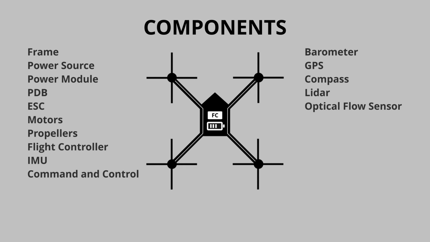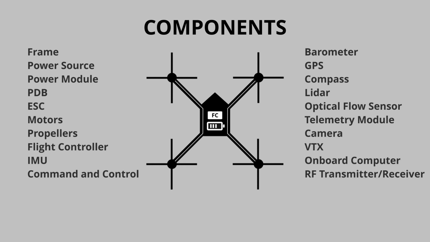Optical flow sensor to monitor the ground movements in relationship to the drone. A telemetry module to monitor and send drone data to the command and control system. Camera, video transmission module that sends the video from the camera. An onboard computer, an RF transmitter and receiver, a 4G, 5G or Wi-Fi module.